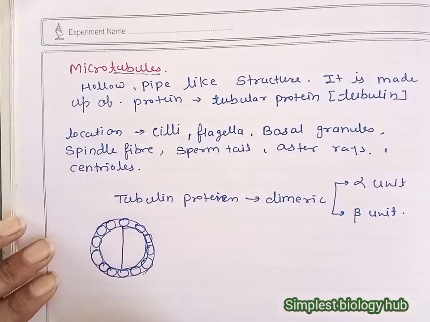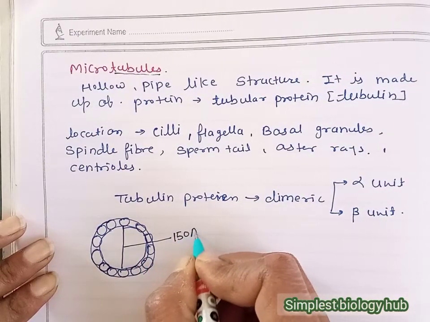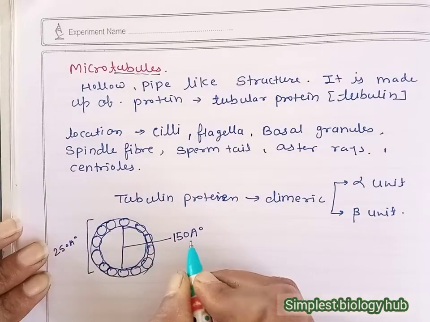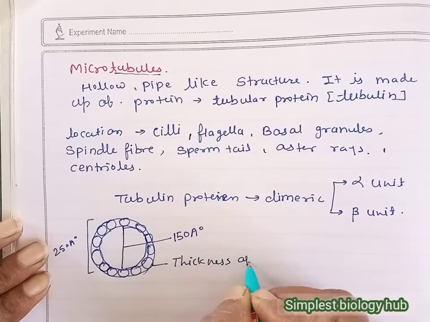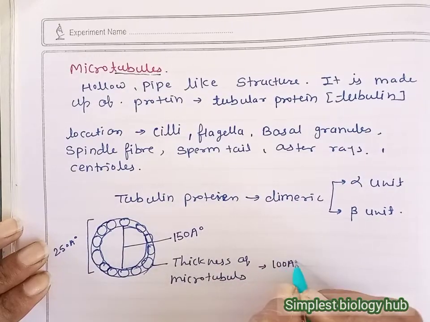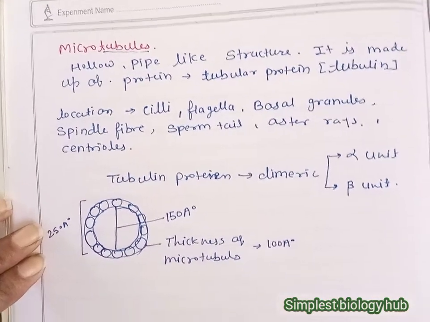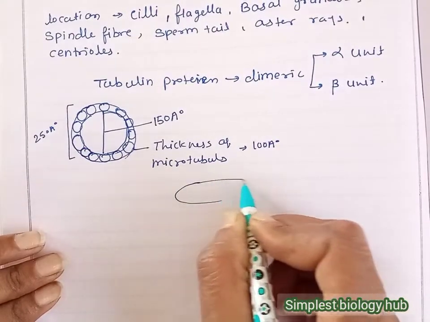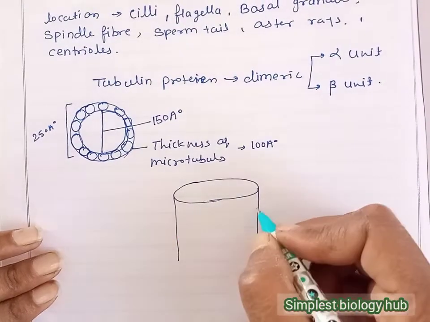In this pattern they are situated. The diameter of the lumen of the microtubules inside is 150 angstrom. The total structure is 250 angstrom and the lumen is 150 angstrom. That's why the thickness of the microtubule wall is 100 angstrom, 50 angstrom on this side and 50 angstrom on that side. Here we look at the transverse view.